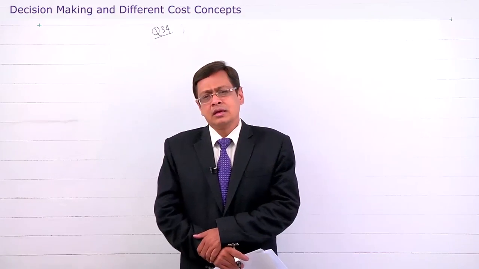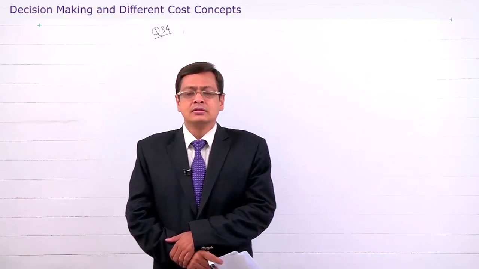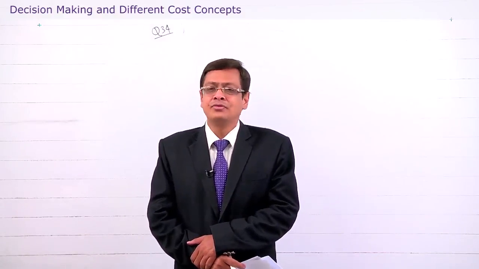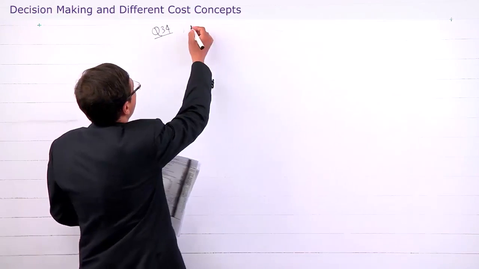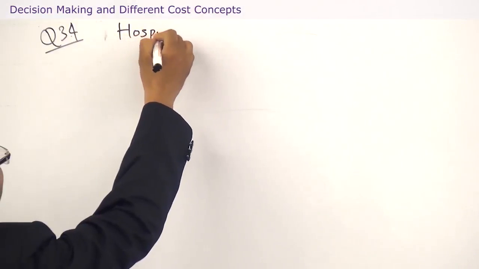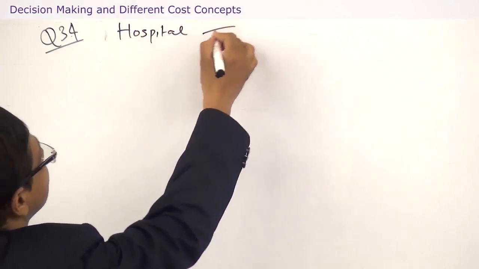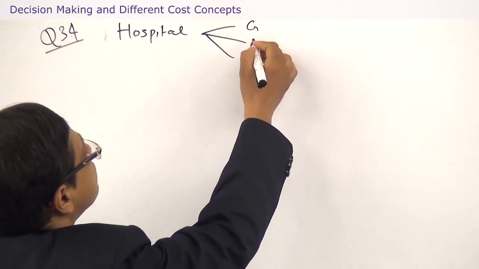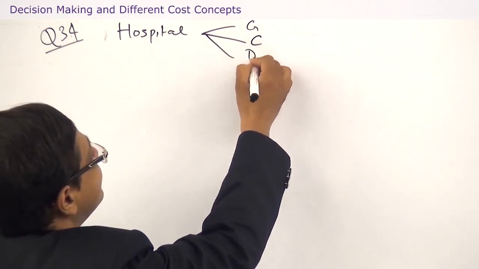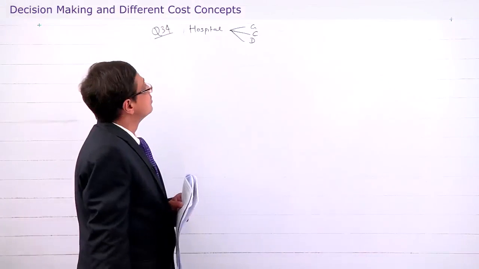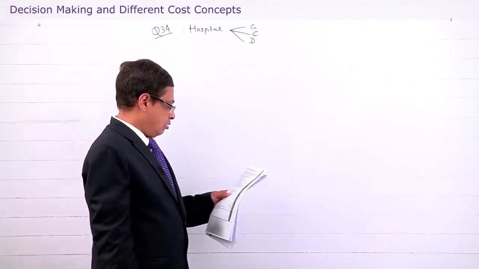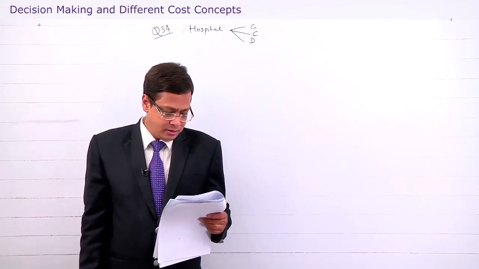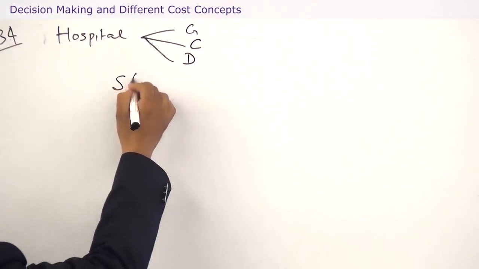So this question, if you analyze, has certain things. So let's make a diagrammatic representation of this question. So the hospital has 3 wards: general, you have cottage ward and deluxe ward, right? So we start working and making the computation. So what is the statement of total cost?